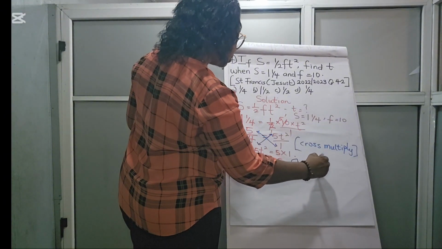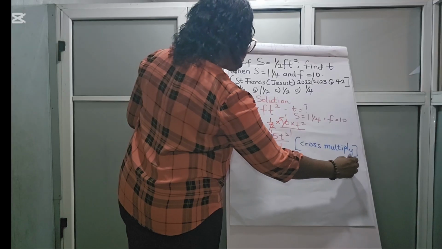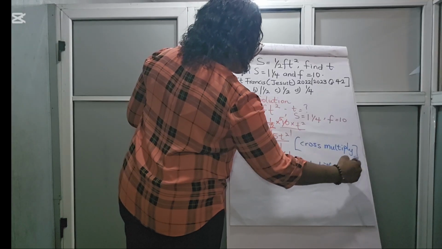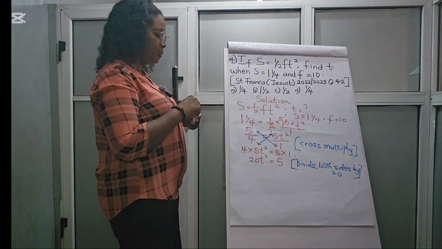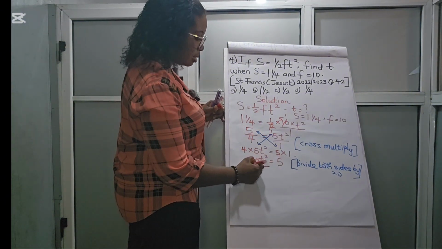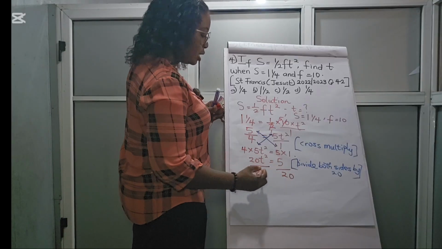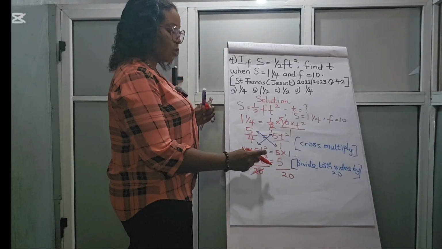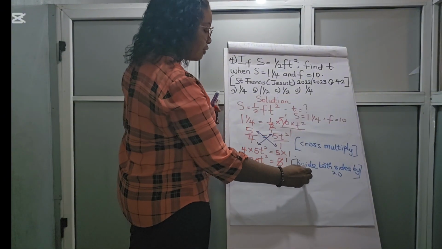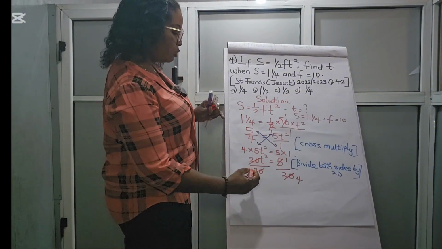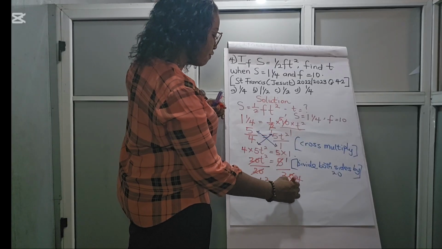Divide both sides by 20. So divided by 20 and divided by 20. So 20 cancels out and we're left with t squared. 5 goes here 1, 5 goes here 4. So we are left with t squared equal to 1 over 4.